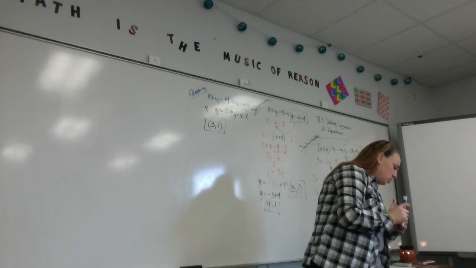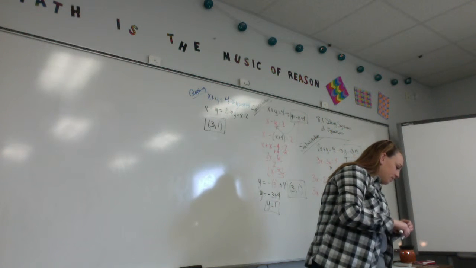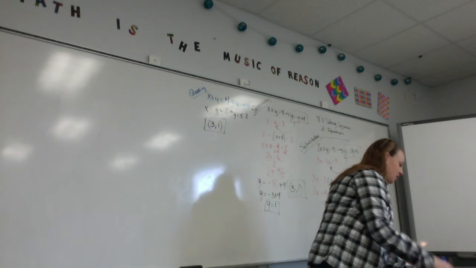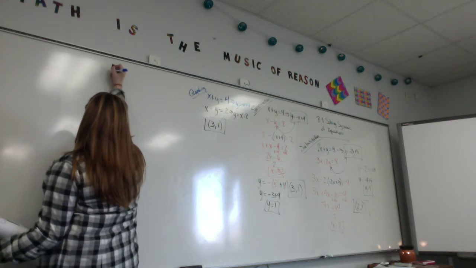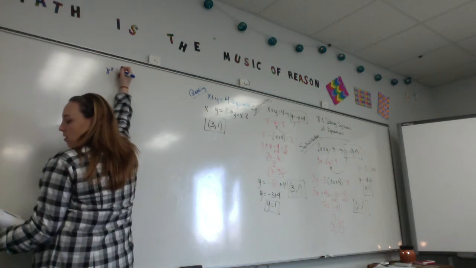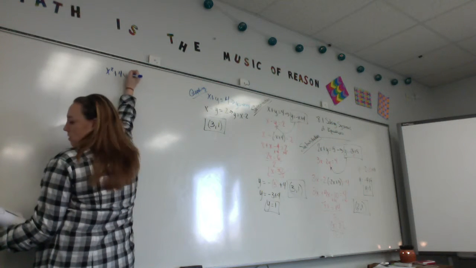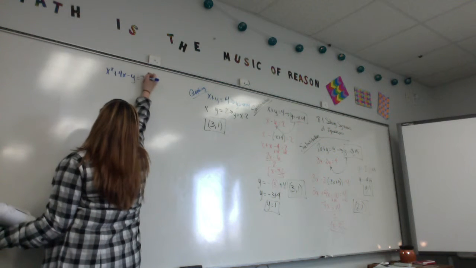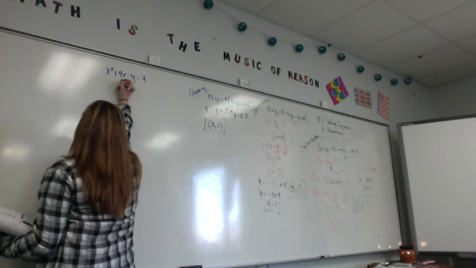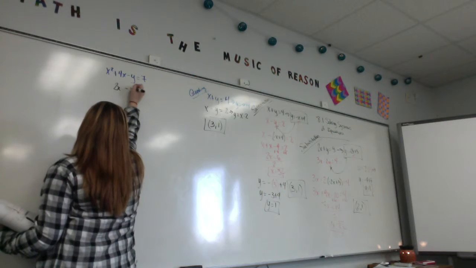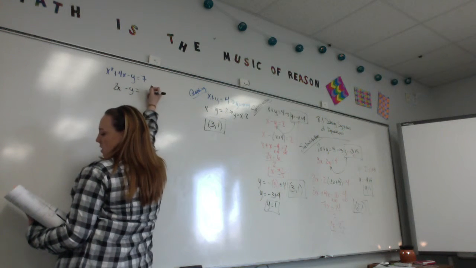Let's do substitution with a system of equations that we have to work out a little bit first. So let's say you have x squared plus 4x minus y equals 7. Okay, that's one equation. And then you have 2x minus y equals negative 1.